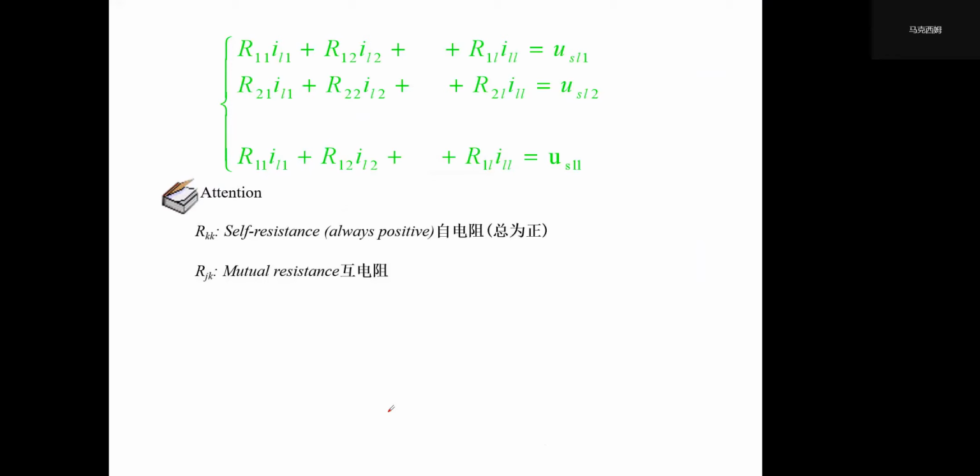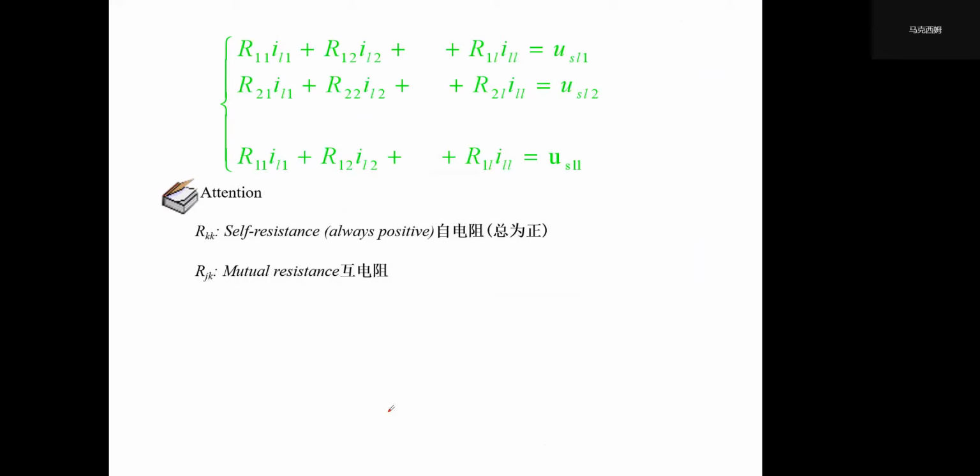But if the loop currents in adjacent meshes run in the opposite direction, then we give the mutual resistance a negative sign.